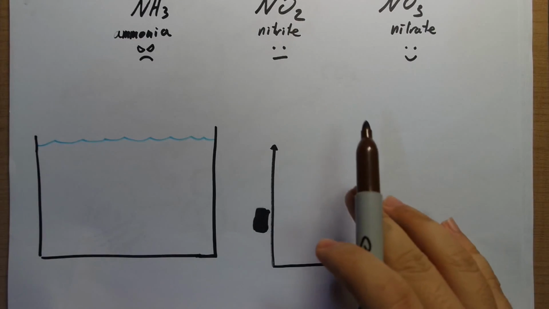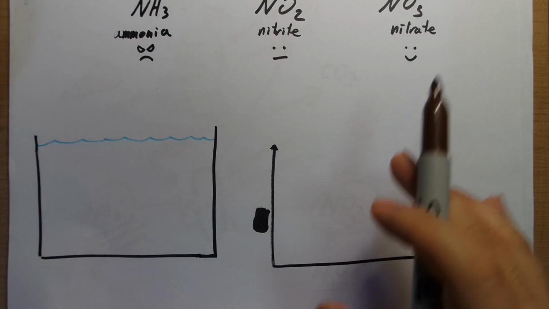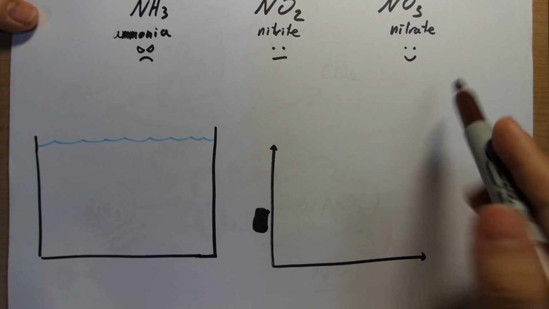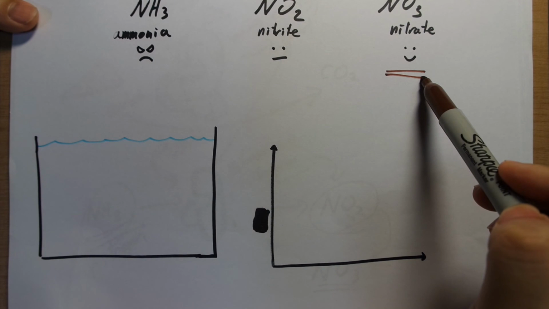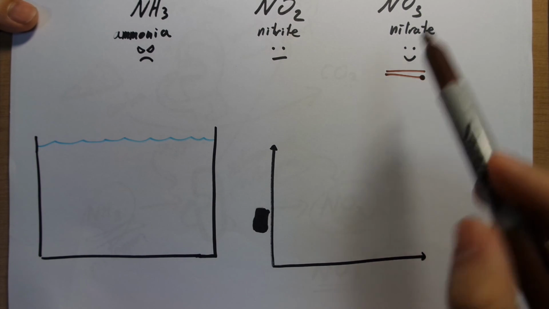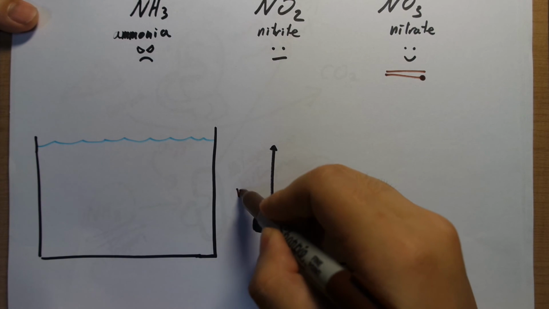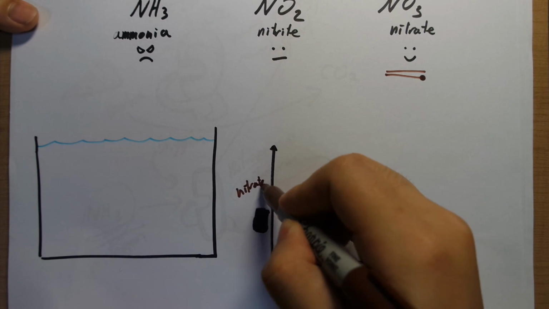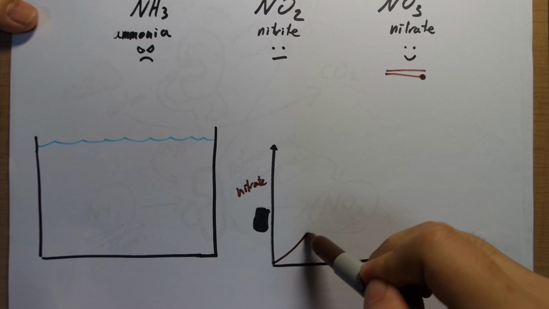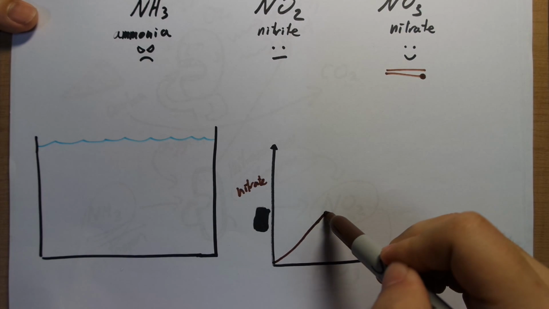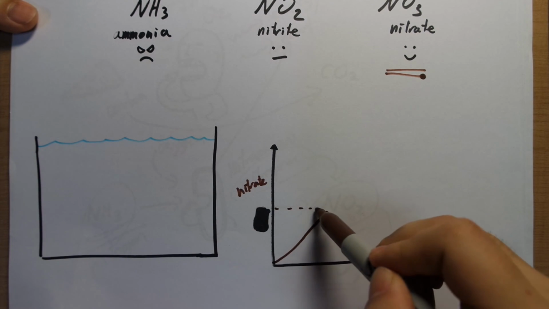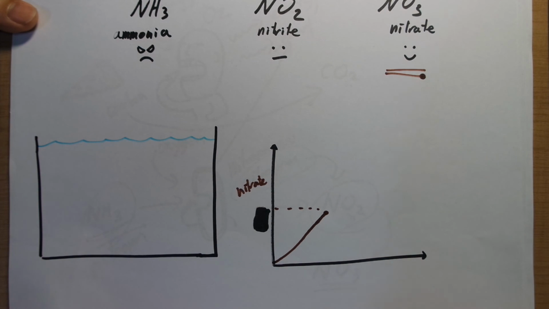So the problem with this cycle is, although nitrate is low toxicity, I said low toxicity, not no toxicity, in your water your nitrate levels will slowly climb up, and eventually it's going to reach a threshold where it's going to kill your fish.